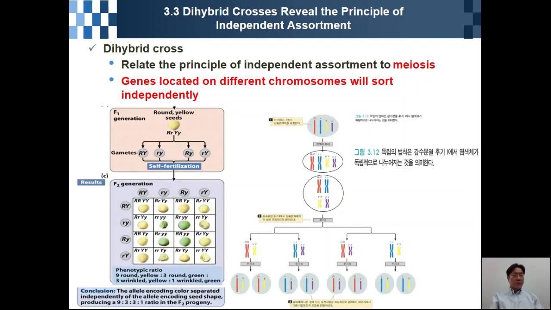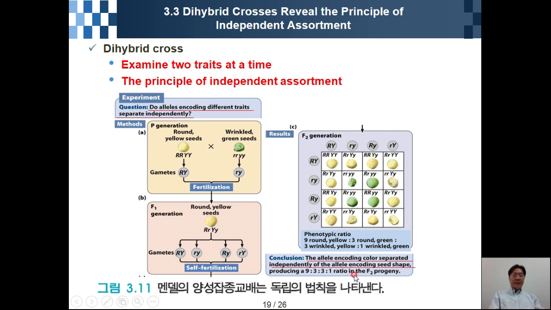Okay, now we will see this principle at the chromosome level. In this slide, I will explain the dihybrid cross based on meiosis. The principle of independent assortment is highly related to meiosis. What is the principle of independent assortment? It means that the alleles encoding one phenotype separate independently of the alleles encoding another phenotype.